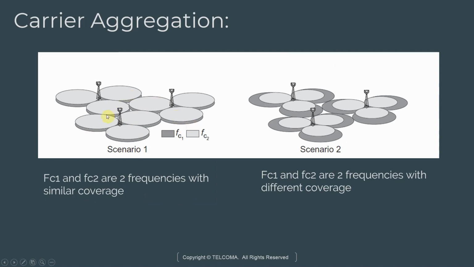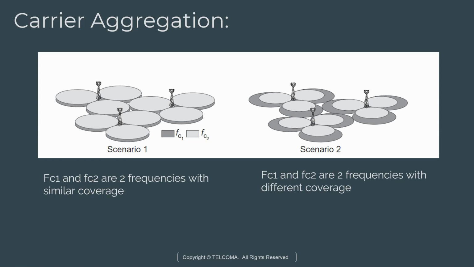So this is just a pictorial way of showing how you would deploy carrier aggregation in your network. So let's look at scenario number one, where we have two frequencies, FC1 and FC2. And FC1 and FC2 are two frequencies with similar coverage. So think of it like they are low band frequency spectrum where the propagation characteristics are pretty similar.